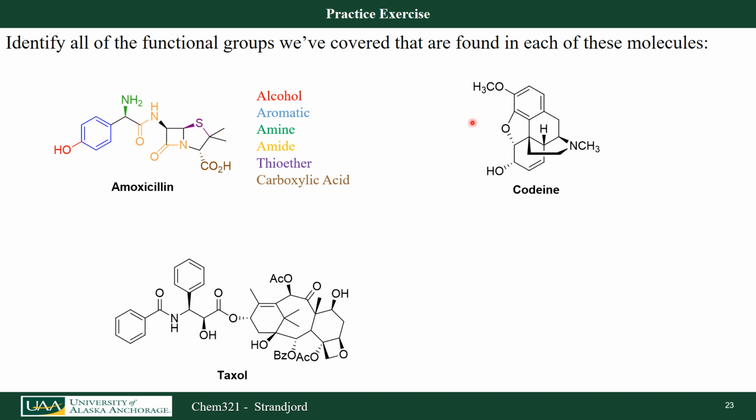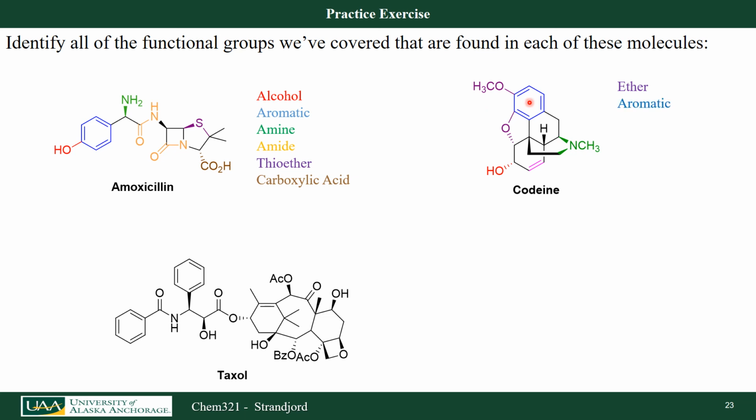If I come over here to codeine and highlight some of the functional groups in color, let's start up here at the top with this sort of purple fuchsia functional group here. Those are going to be ethers. Both of them are oxygen with carbons on both sides. There's a carbon, oxygen, carbon. If I look at the blue here, that's going to be another aromatic.